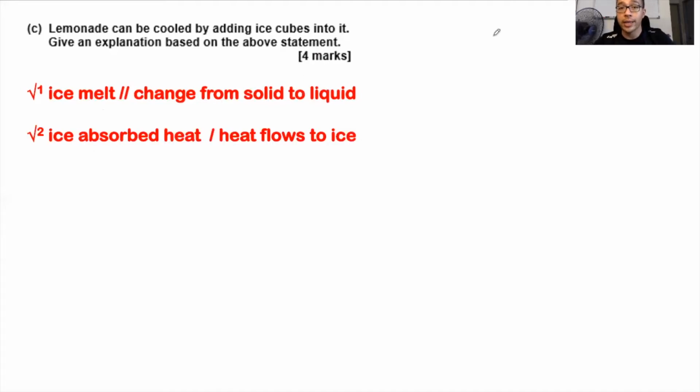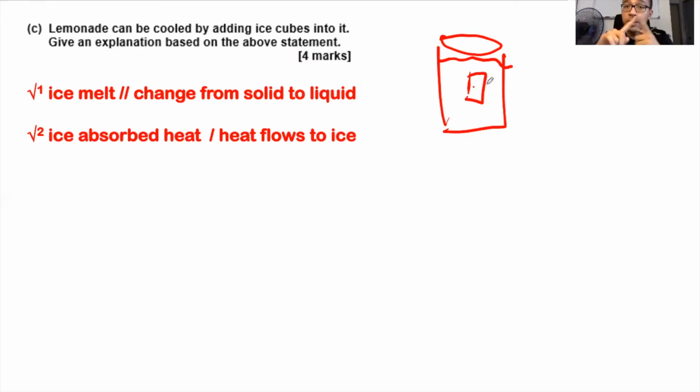Heat flows to the ice. So if you have, let's say I use 1 ice, this is a block of ice. When you put the ice into the water, they are in thermal contact. Remember that? Ice and water, they are in thermal contact. There will be an exchange of heat. But who receives more heat?